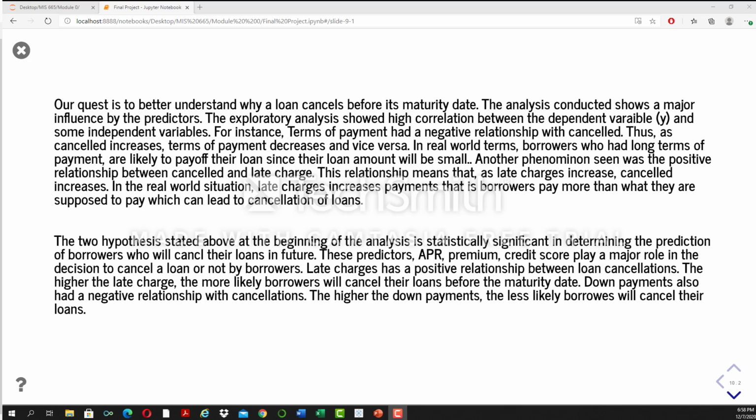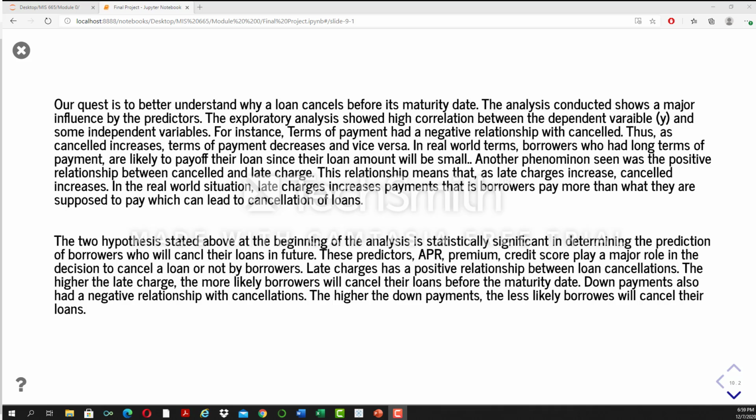Our main aim was to identify variables that have influence on the Y variable, which is cancellation, whether a borrower is going to cancel or not. So during our analysis, we found that the APR, premium, and credit score played a major role in the decision to cancel a loan or not.